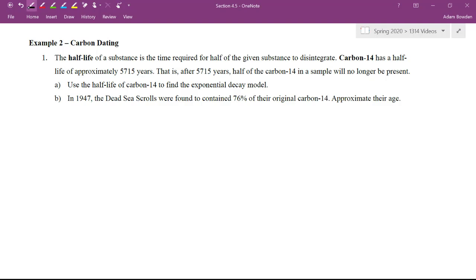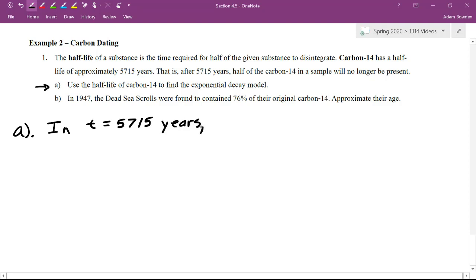So first off, we're going to use the half-life of carbon-14 to create the exponential decay model. Okay, so for part A, how I'm going to approach this is to know that after t equals 5,715 years, half of the original amount will be there.